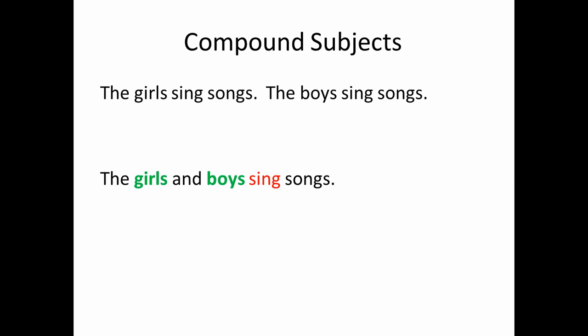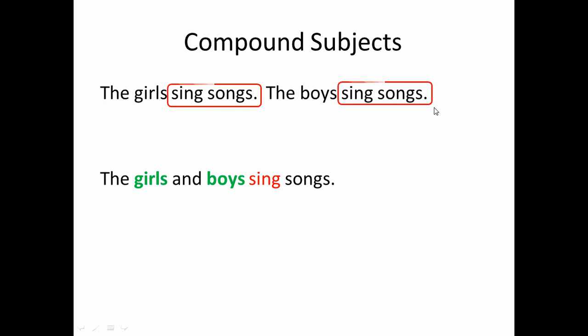The next part of this lesson is how to write a sentence with a compound subject or a compound predicate. So look at this example. We're going to combine these two sentences to create one sentence. The girls sing songs. The boys sing songs.